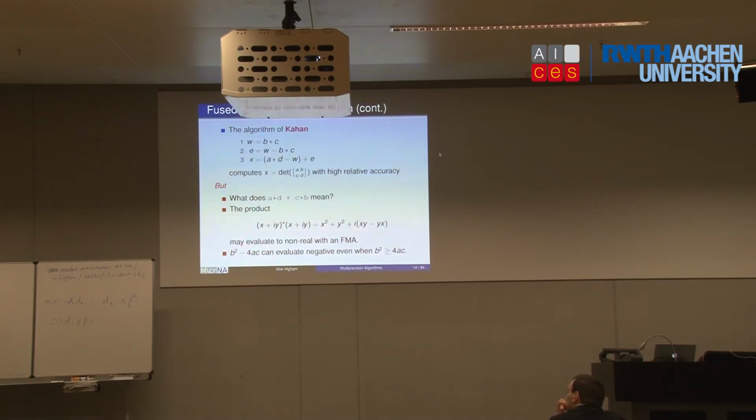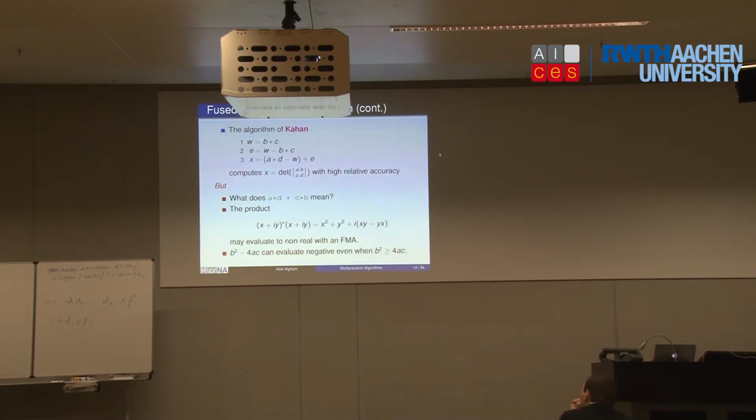But at the top there is a more positive thing. Velvel Kahan came up with this clever little algorithm for evaluating the determinant of a 2x2 matrix. So you see what he does is he works out b times c. Then on line 2, e is now the error in b times c, but computed with an FMA. And then on line 3, he adds the error back in again.